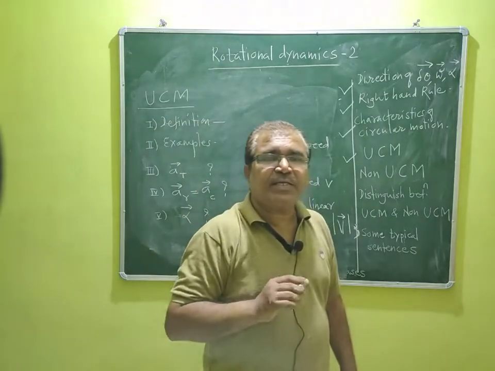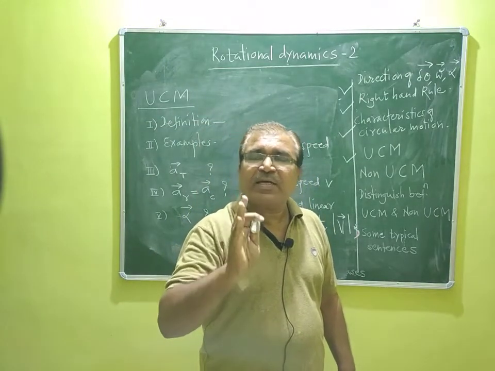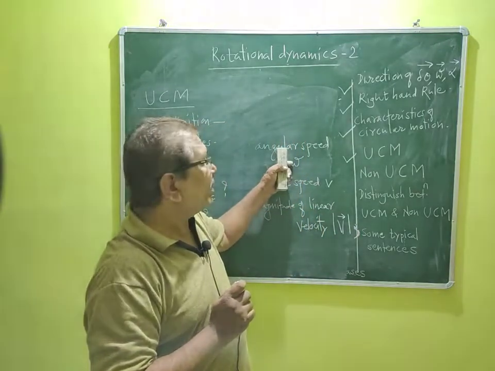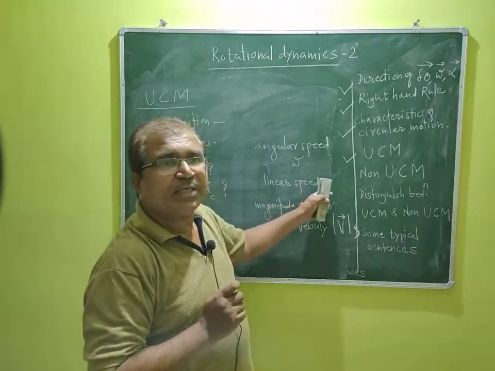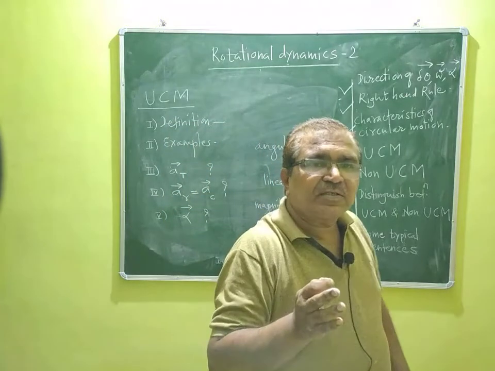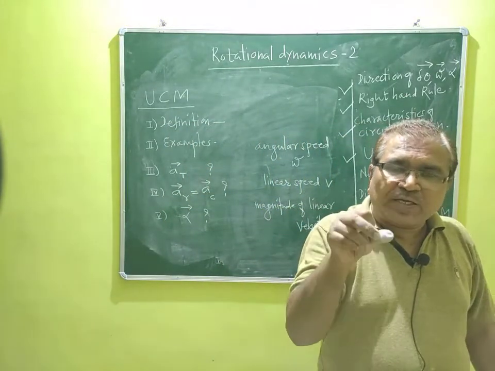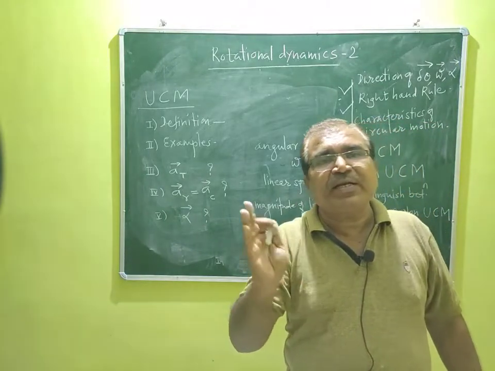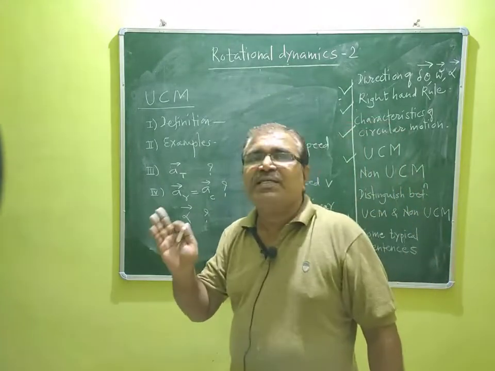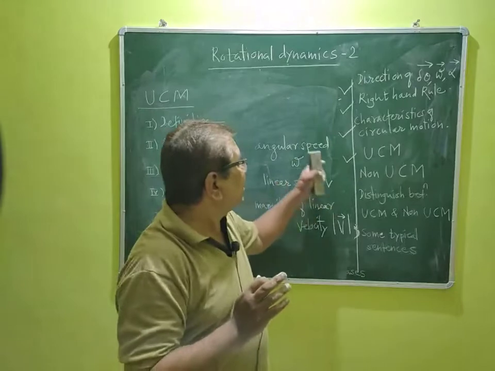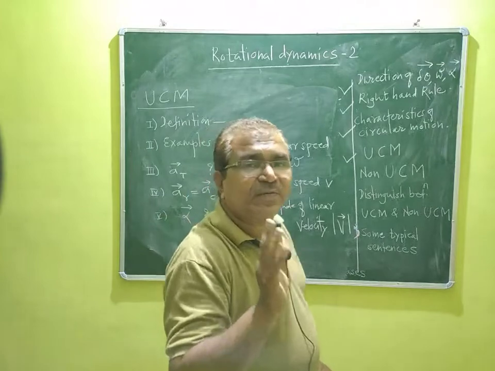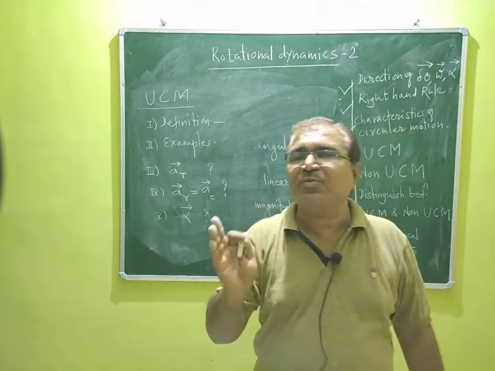So for a particle performing circular motion, if angular speed omega, or linear speed v, or magnitude of the linear velocity, mod v vector, remains constant, then the motion is called uniform circular motion. These 3 words must appear in your definition of uniform circular motion, dear guys.